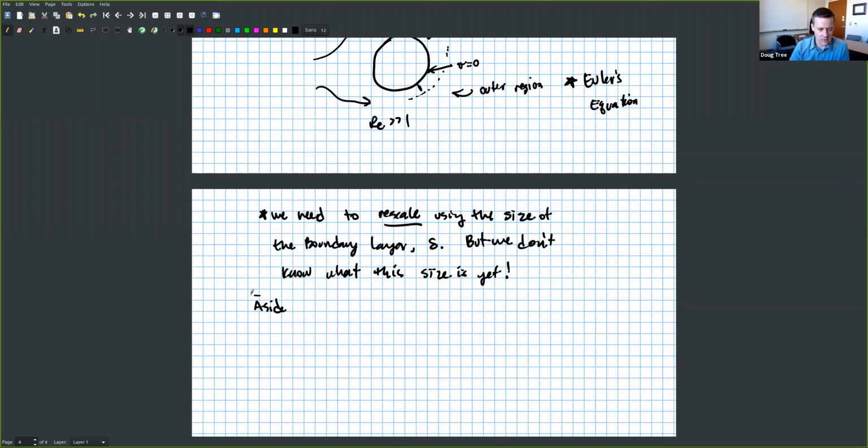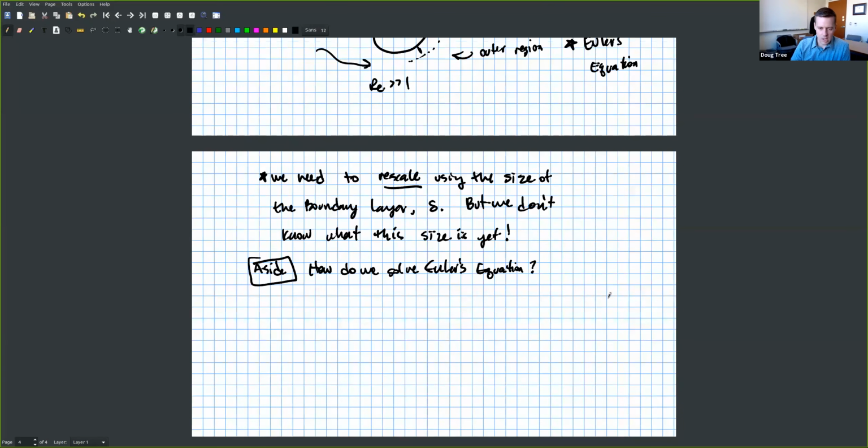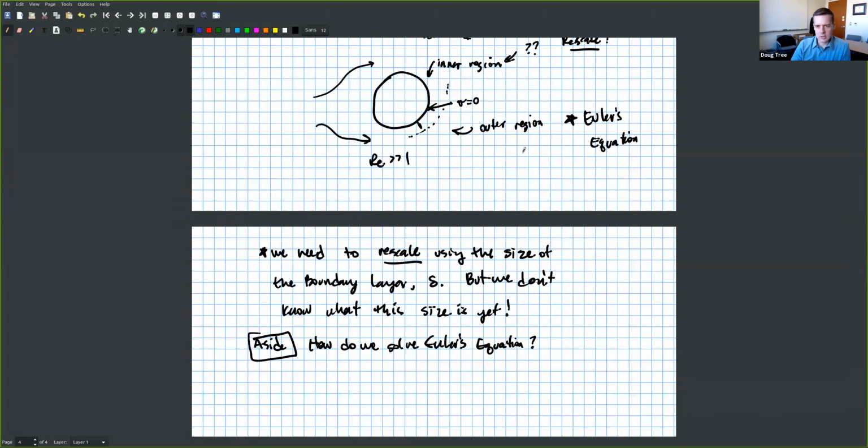So this is kind of back to Euler's equation, which is, how do we solve Euler's equation? Okay, and it turns out there's a shortcut. So Euler's equation is kind of hard.